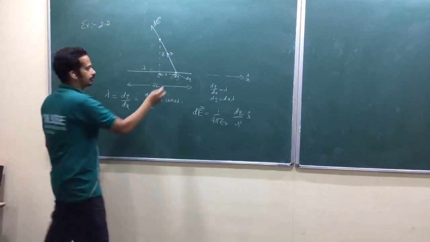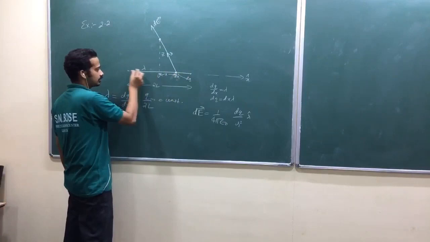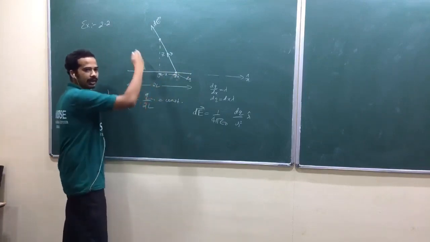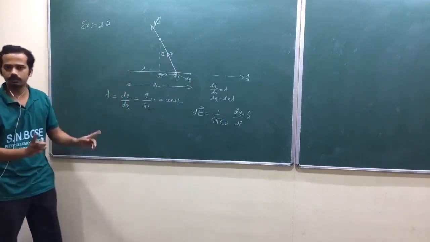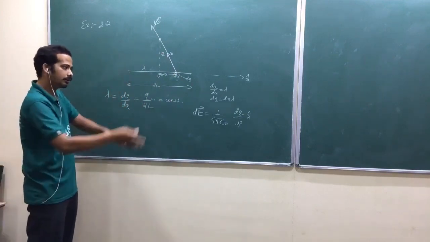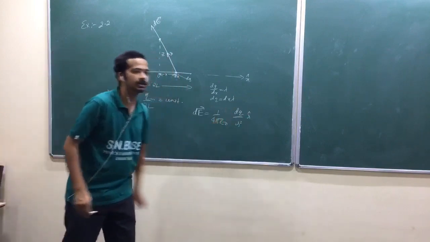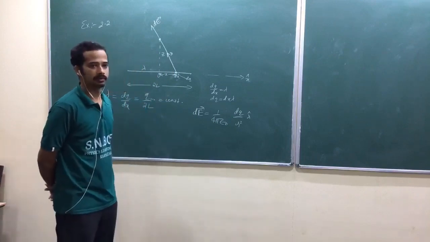So how many elemental charges do you have along this one? Infinitely many, isn't it? That's why you can't add infinitely many vectors. Earlier we had only two vectors to add. So that's why the process is integration. But when you get into integration, look at here, your italic R cap is variable.